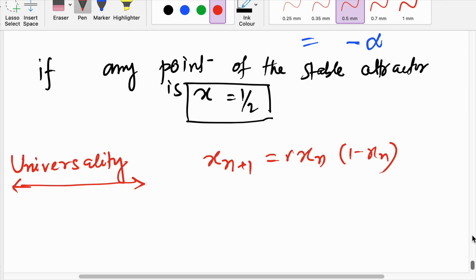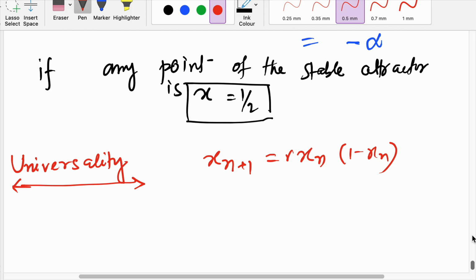If I take any other equation which goes to chaos through the period doubling route, will there be something the same between these two, or will they be completely different? That means, can we say something general about the period doubling bifurcation itself, something that is the property of the period doubling bifurcation, not the property of the logistic equation?